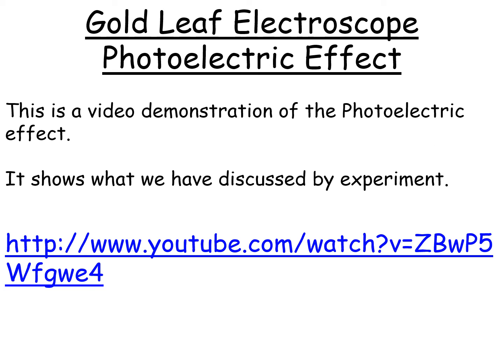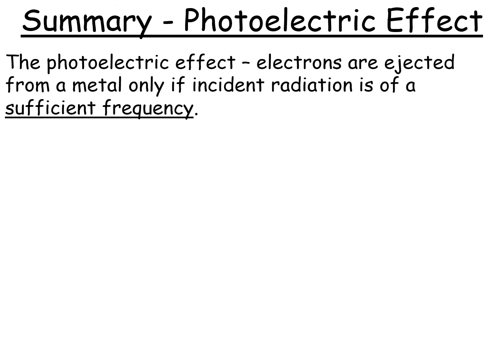In case you don't believe any of that, there is a really nice video demonstration where the person goes through the red, blue, green laser, and he actually does all three at the same time, and you can see nothing happens. And then he finally repeats it with a UV lamp, and you do see it happen. So please watch this video to convince yourself that it does happen in real life, and I've not just made it up.